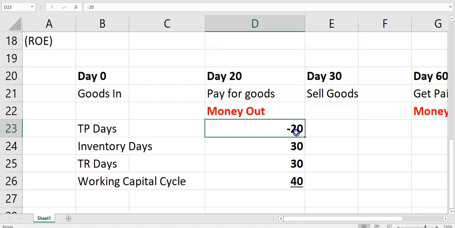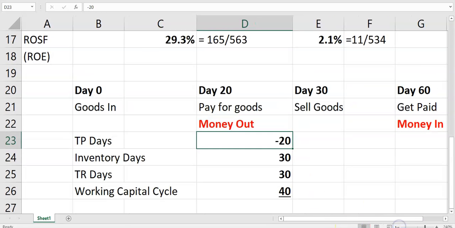And you actually get free use of money for the time period. So that suggests a very efficient working capital cycle. But again, every industry is different and you have to compare like with like. So understanding that working capital cycle is important, and you will see that again in corporate finance as well.